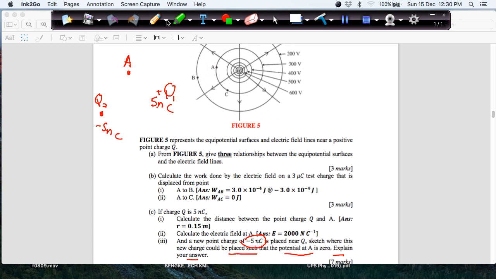As the question said, the potential at point A because of the two charges Q1 and Q2, VA, is equal to 0.